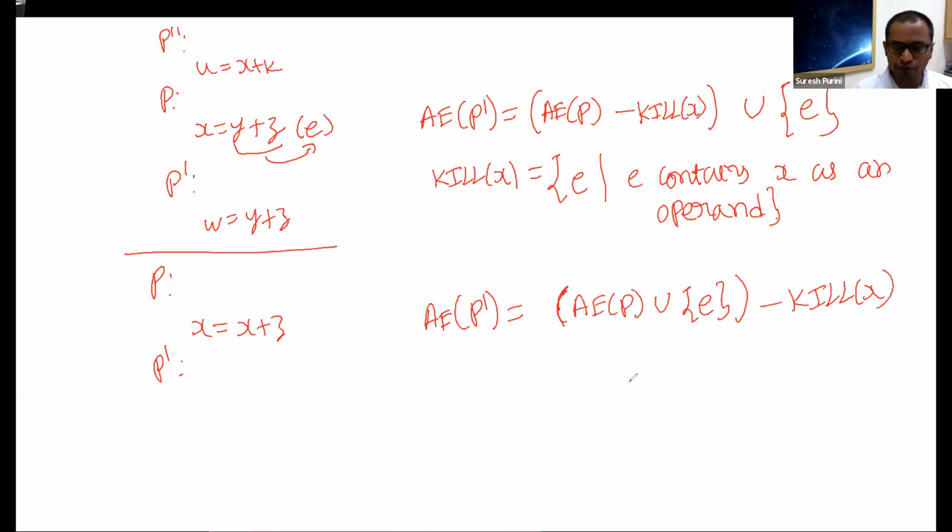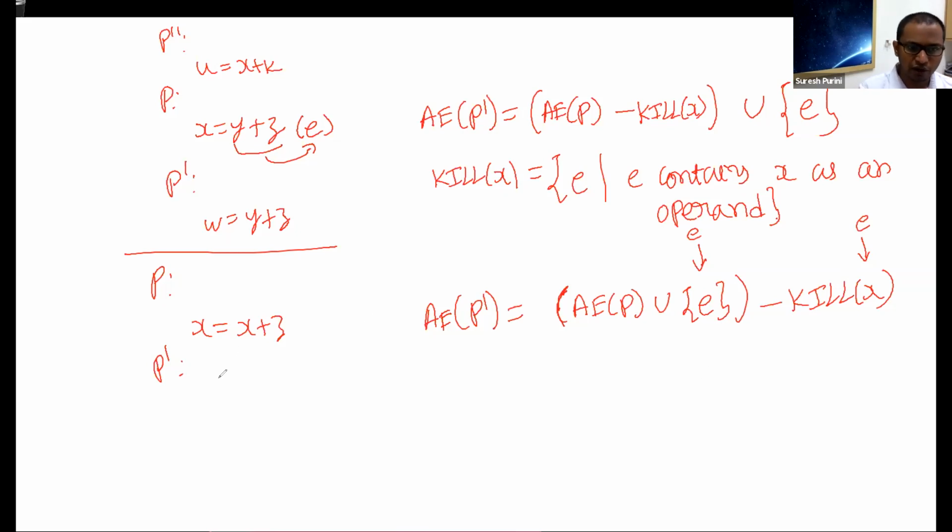So when we have this, what happens is you first include X plus Z, and in this particular example, you can see E is present here, but E is present here also, because X plus Z belongs to the kill set kill of X. So E is present here, so it gets knocked off.